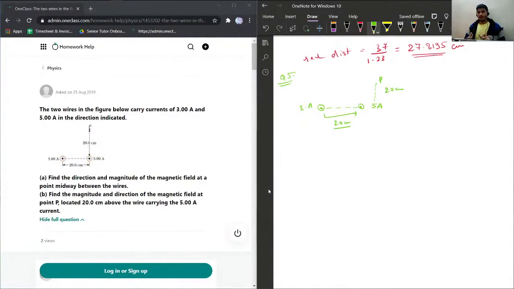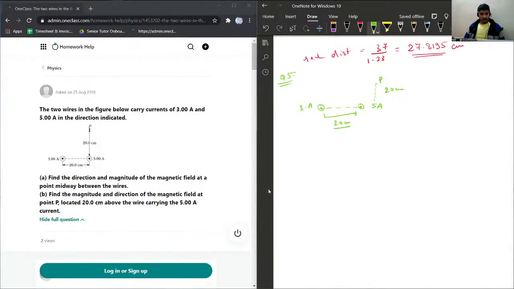Whenever we want to predict the direction of magnetic field of a current carrying conductor, we use the right hand. The current is coming out of the plane of paper, so I'll keep my hand like this and curl it. This curl gives me the direction of magnetic field, which is going to be anti-clockwise.